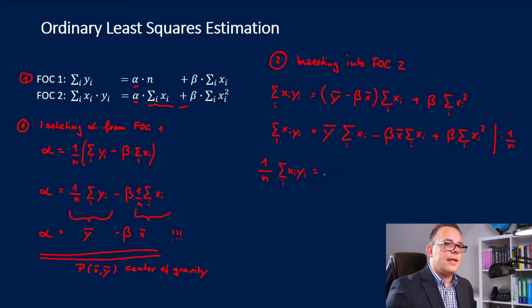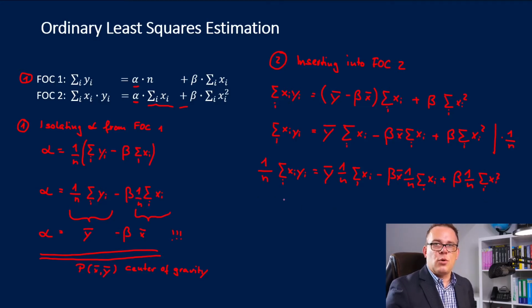Now I use the right-hand side: I take the epsilon bar, then I divide by n, sum across all i xi, minus beta x bar, 1 divided by n, sum across all i xi, plus beta, 1 divided by n, sum across all i xi squared.